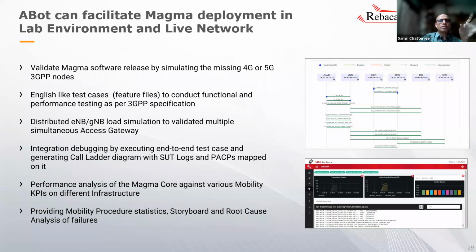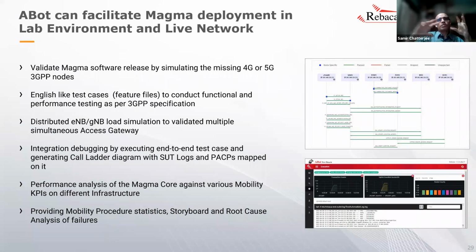One of the biggest challenges with 3GPP is the extensive knowledge that one requires in terms of writing these, and you have to know the script language. Our test cases are English-like, so for the community it's perfect because you have different people coming in from different backgrounds, and these are very easy to understand. And there is a smart editor that helps you edit and modify it.